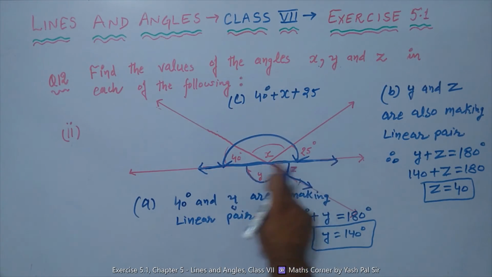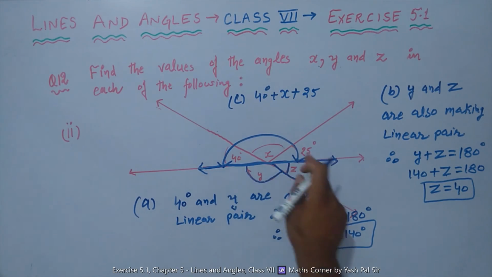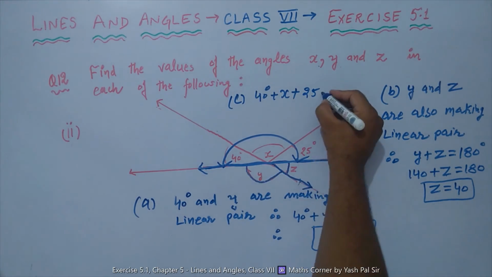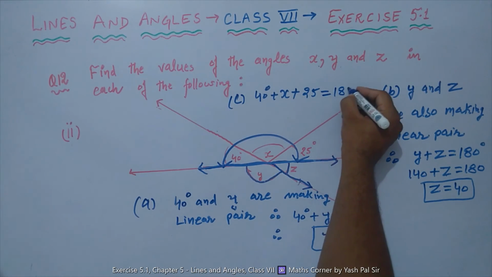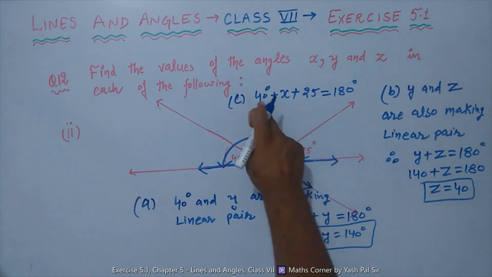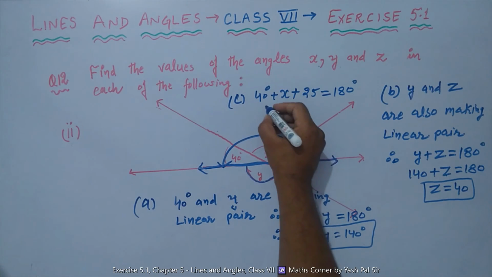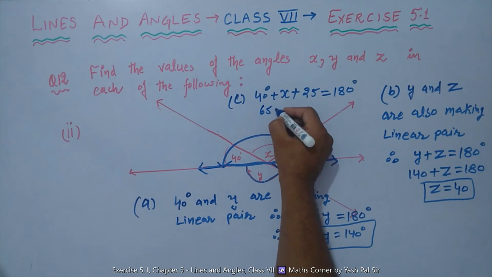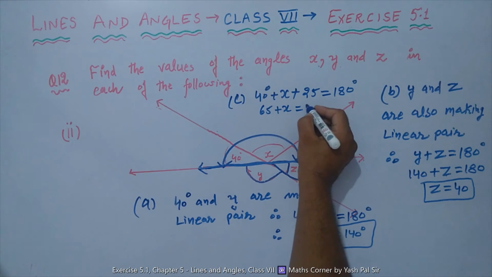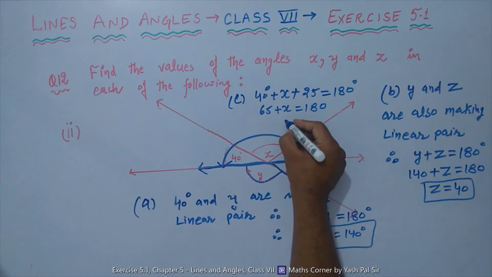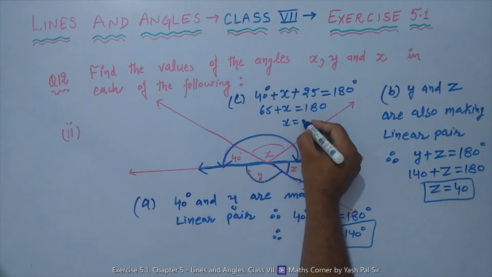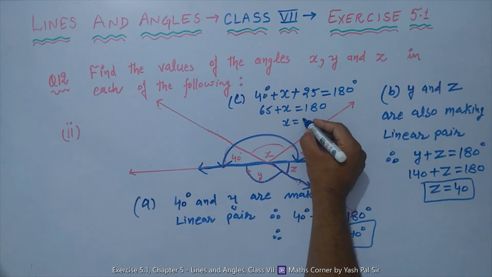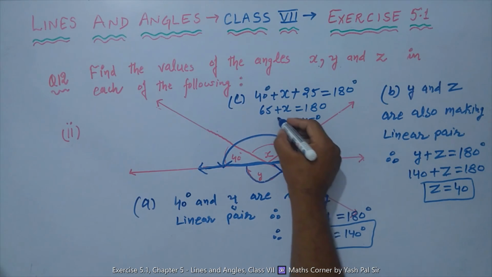These three angles are on the same line. So their sum is equal to 180 degree. So what is the sum of 40 and 25? 65 degree plus x is equal to 180 degree. So from here we find x is equal to 115 degree.